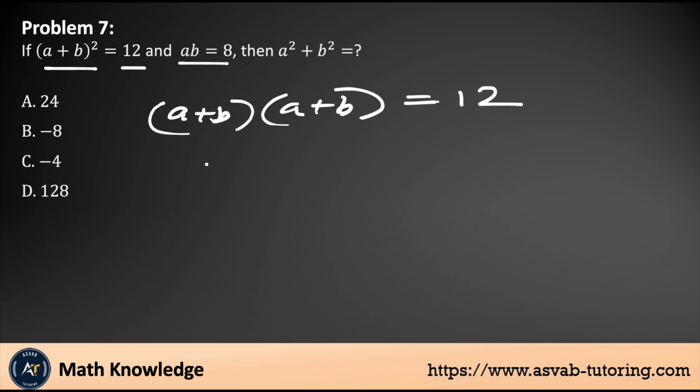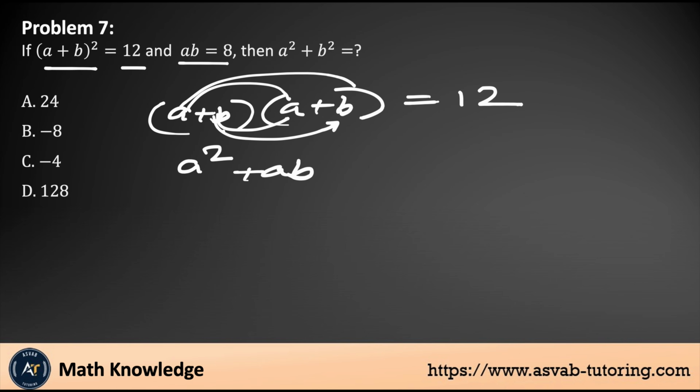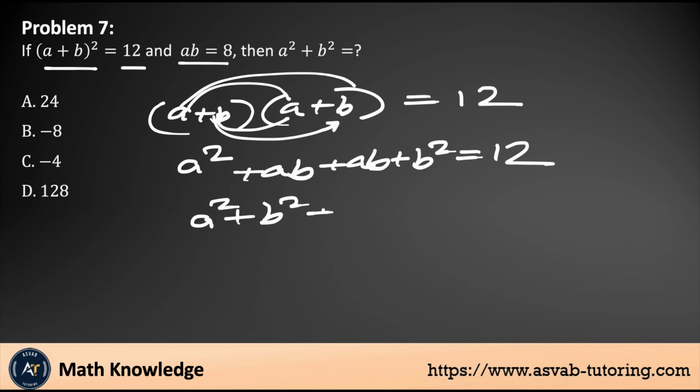So if you multiply that, this with that, this with that, that gives you a squared plus ab, and then here a plus b is another ab plus b squared equal to 12, right? And if you simplify, that gives you a squared plus b squared plus 2ab equal to 12.